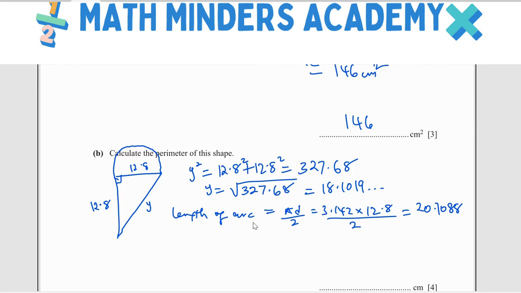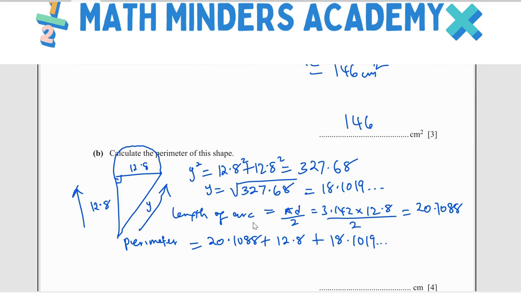So the perimeter of the shape. The required perimeter will be the curved part, which is 20.1088, this height here, which is 12.8, and this y that we got here, which is 18.1019.